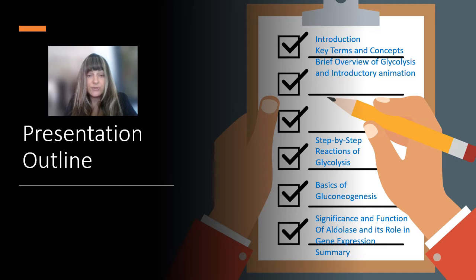I'm going to include an animation before we go through the steps of the process, just so that when we do go through the steps, you can put it in context of what's going on. We'll then talk about the step-by-step reactions of glycolysis, and then we'll go into the basics of gluconeogenesis, and we will follow that with the significance of aldolase and what its function is.